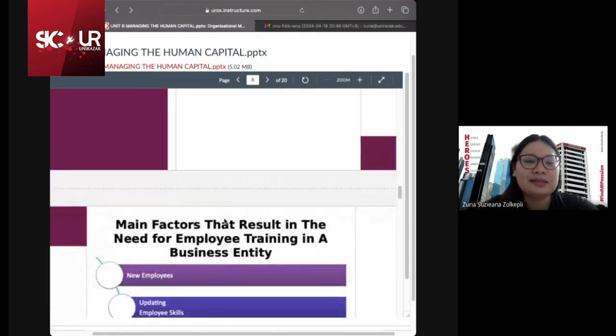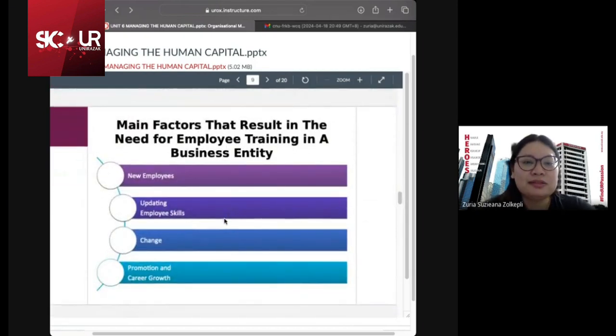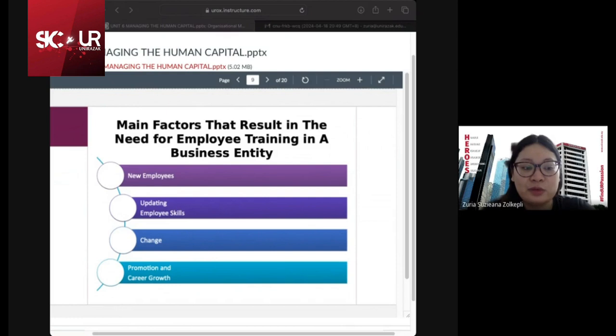Okay, next is training. The main factors that result in the need of employee training. So when we need training, firstly is the new employees. We should give new employees training because this is when they should be familiar with the work culture and the work environment.